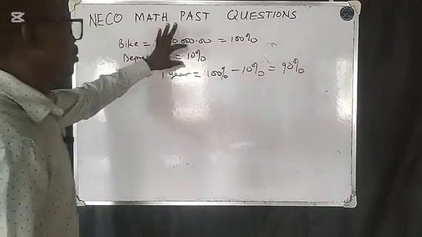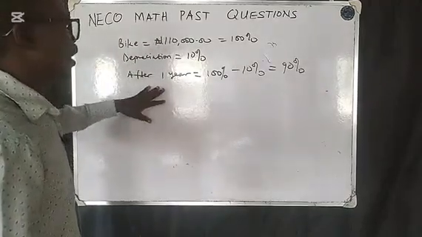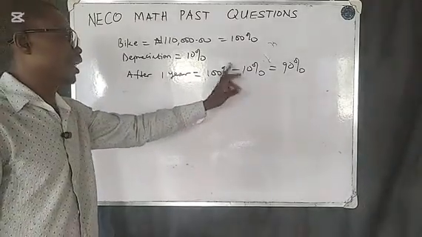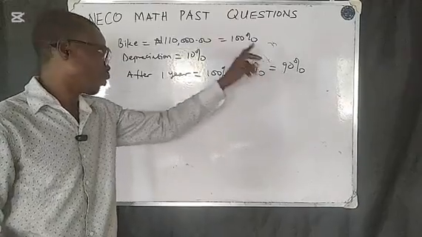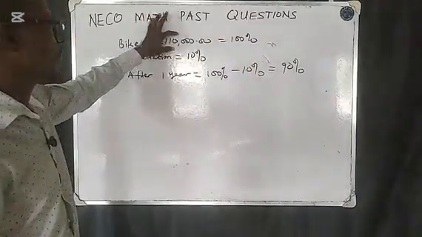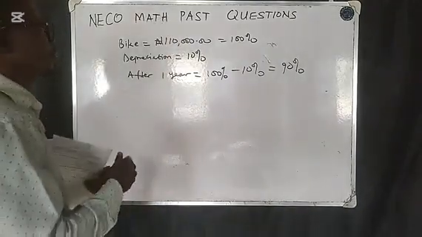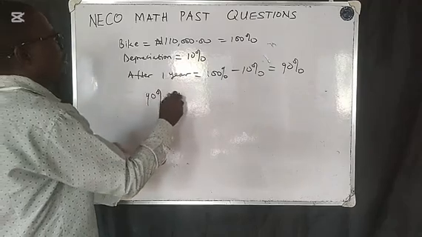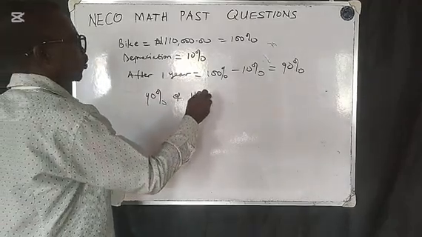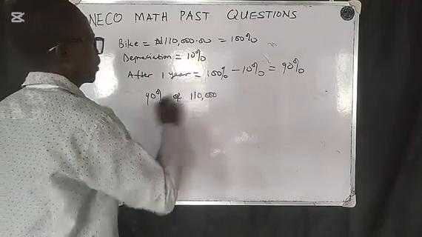So after 1 year, the cost of the bike is this. Every year it depreciates by 10%. So the next year, the value of the bike will be 90% of the cost of the bike. So 90% of this amount is what we are told to find, the cost after 1 year.